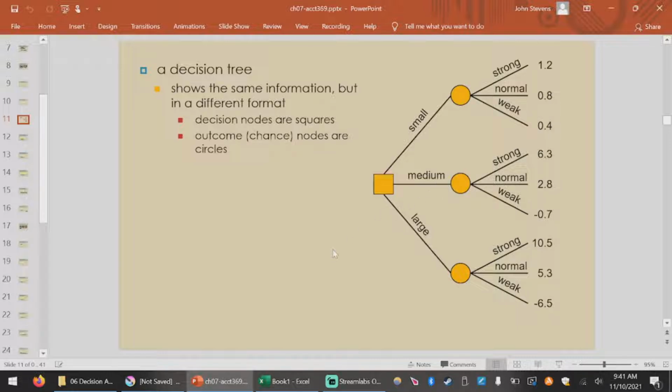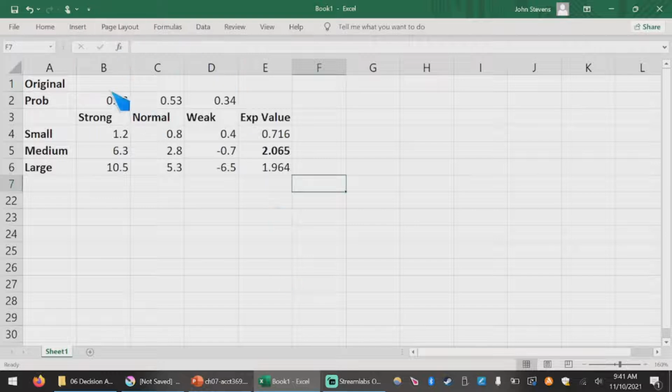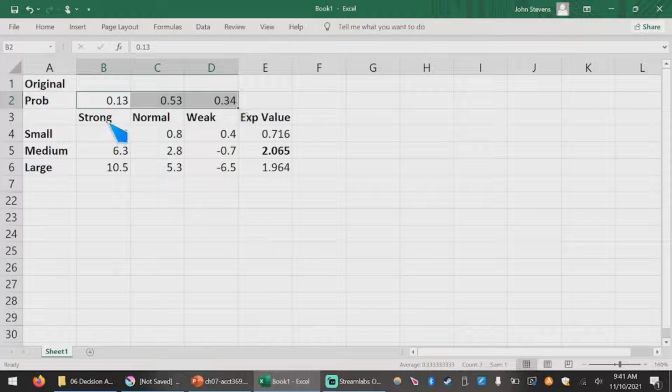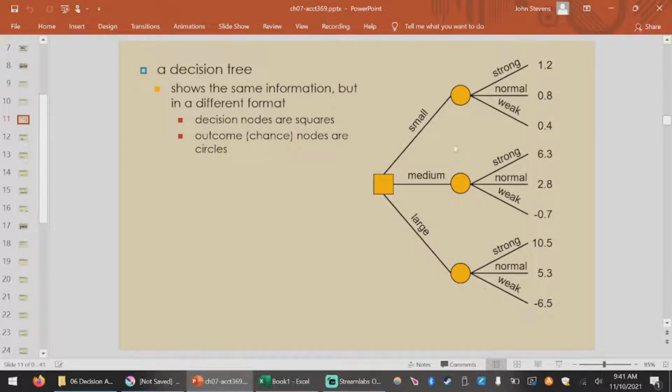But when I look at the probabilities that I have, these at the top, I have the probability, for example, of the market being strong. Whereas on the tree, that's not any of these branches if I use this tree. This branch up here is the probability that the market is strong given she makes a small order. And to me, intuitively, that feels a little backwards because the market conditions don't depend on her decision.